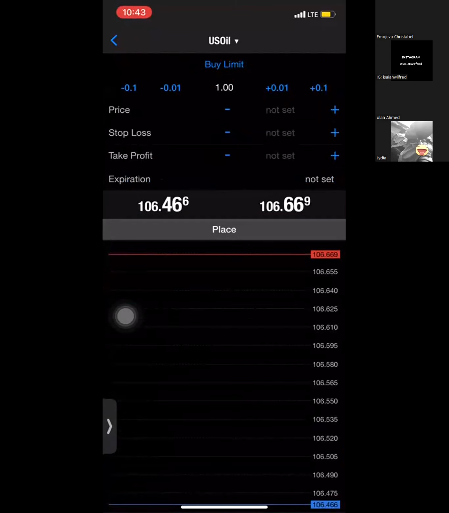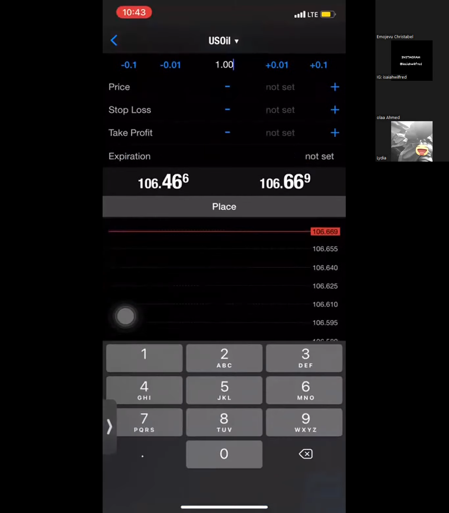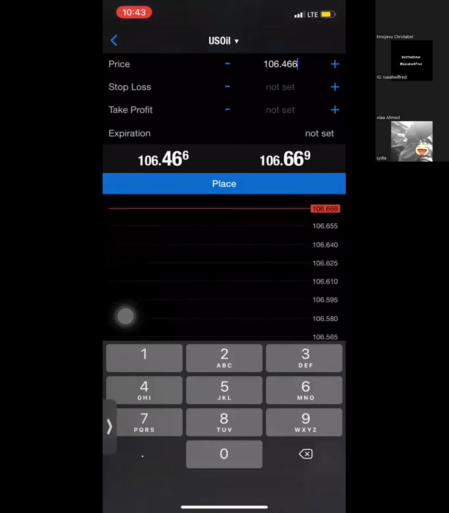Your lot size has to be the lot size that is valid for your account size, 0.01 or 0.02. So the entry price is 105.280. That's your entry price.